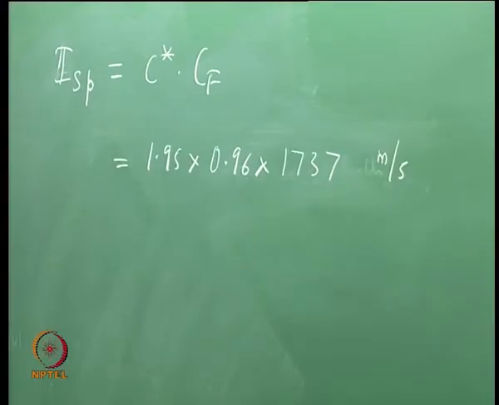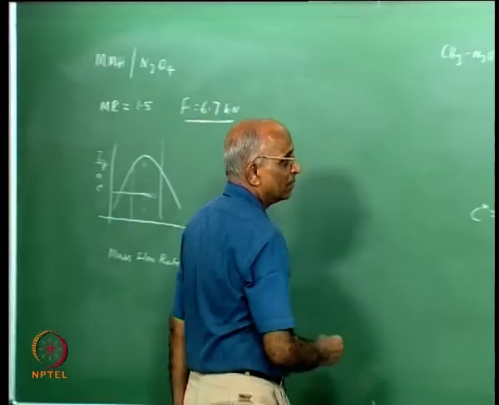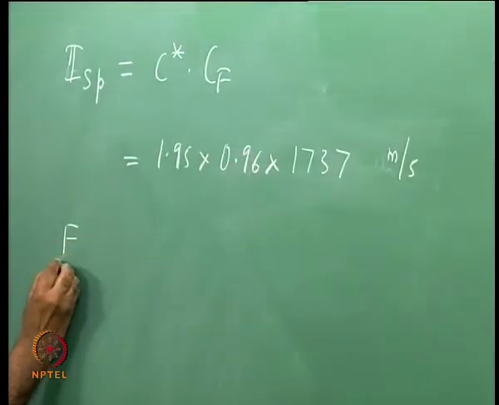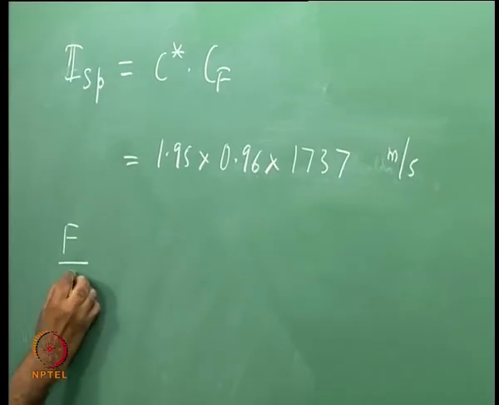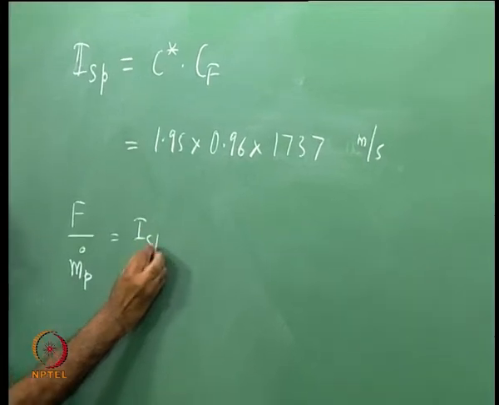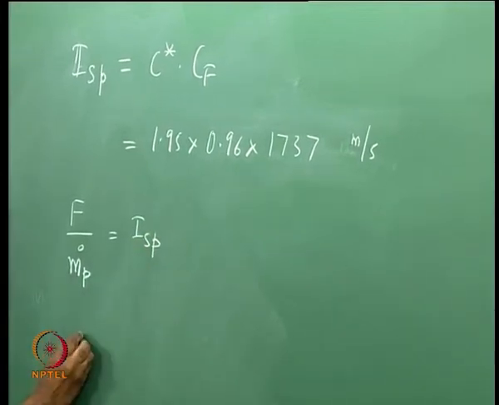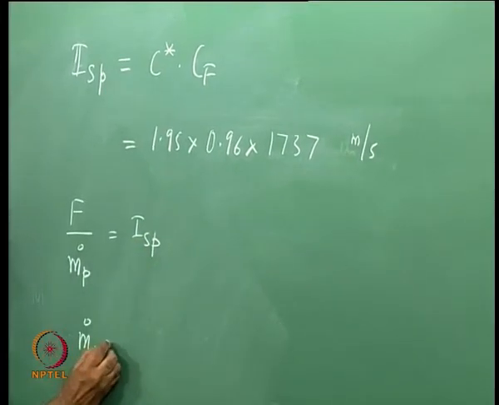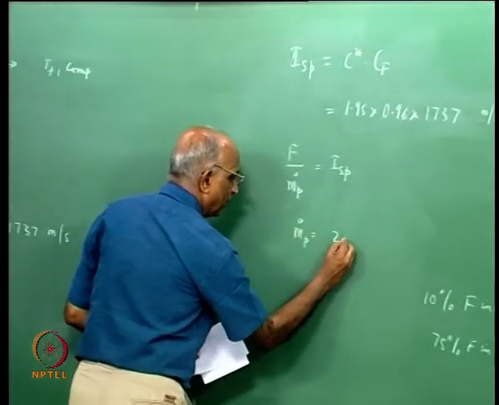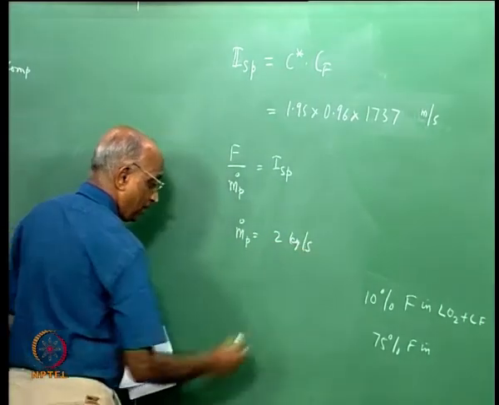I want a thrust which we said is something like 6.7 kilonewtons. Therefore, the value of thrust divided by the total propellant mass flow rate of fuel and oxidizer is equal to ISP. From this I get the value of m dot p. m dot p is equal to thrust divided by specific impulse, and that comes out to be something like 2 kilograms per second. You can do this.